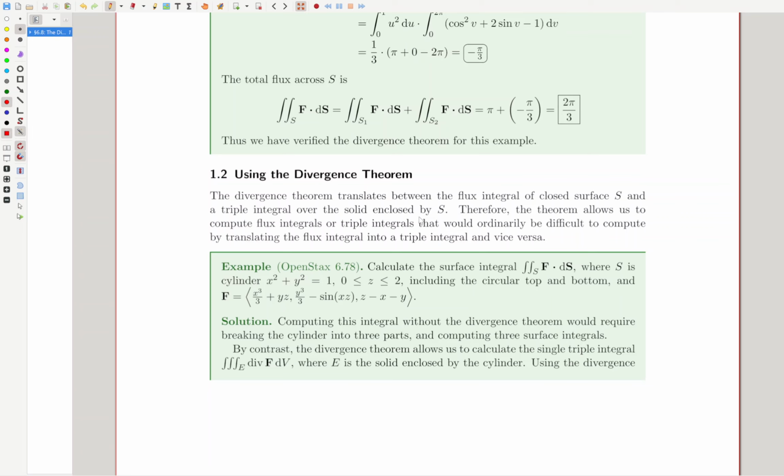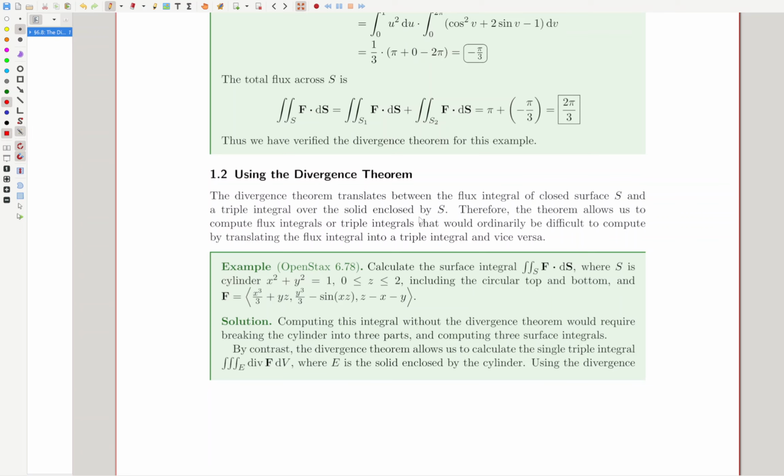The other thing is that perhaps the vector field you're trying to integrate over is difficult, but if you take the divergence of it, it turns out simple, then that will make you want to use the divergence theorem in the other direction. So usually there's something that will simplify things. Okay.